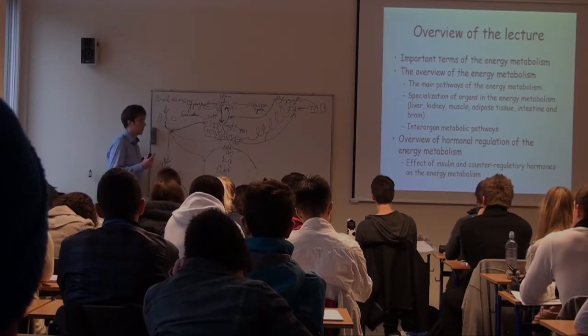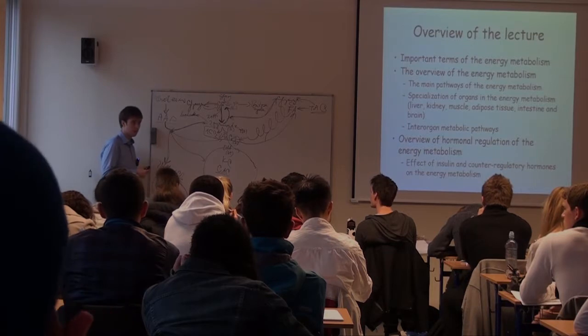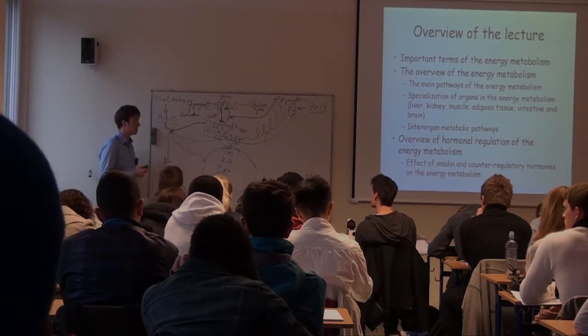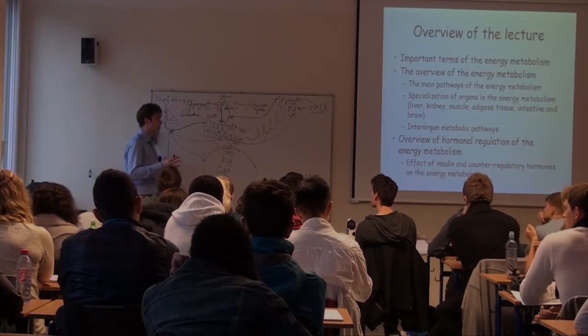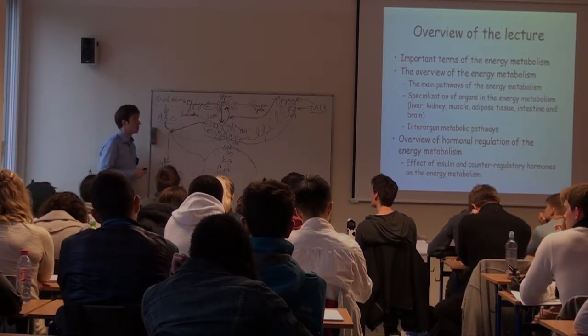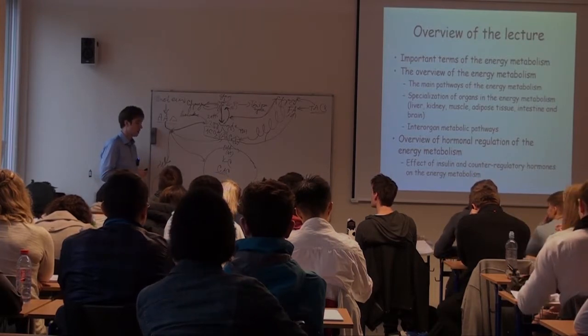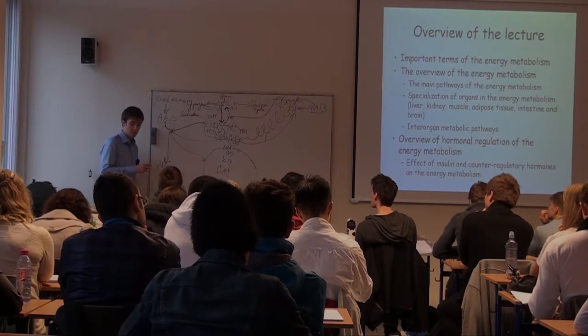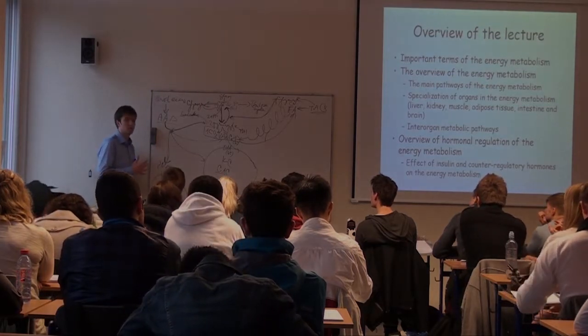So if your muscles are working, they need a lot of energy. And the problem is that in one moment you can sit, and in the other moment you can run. So in muscle there have to be a lot of molecules that are able to store energy. Do you know some of them?